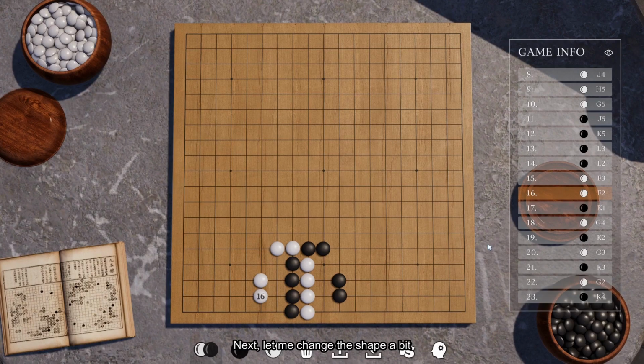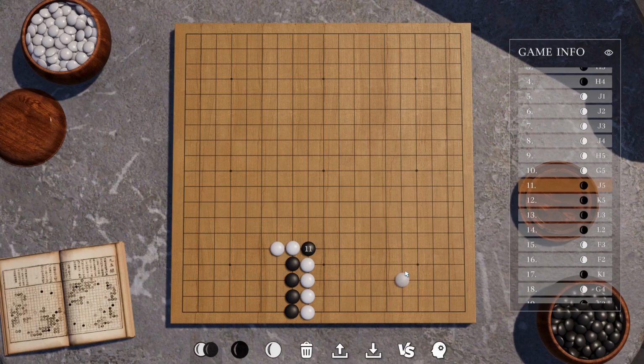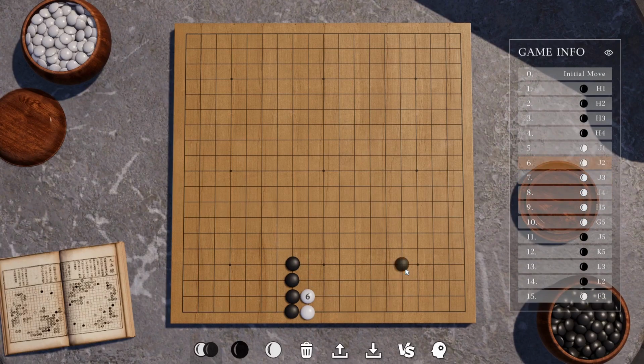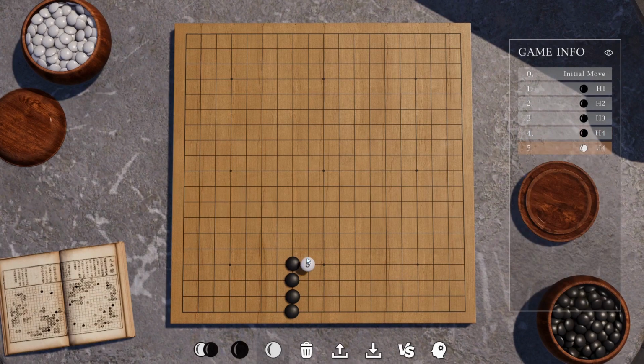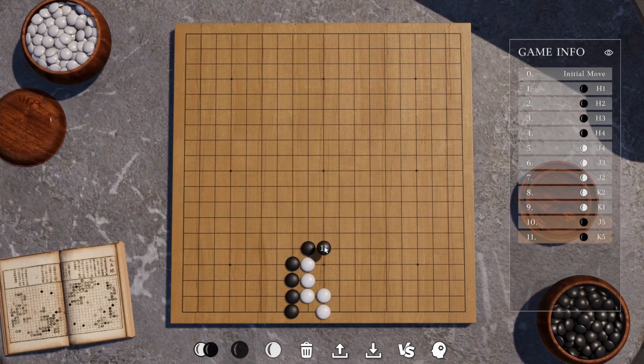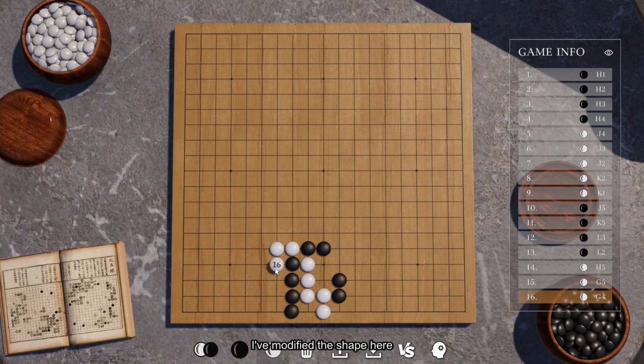Next, let me change the shape a bit. I've modified the shape here. Look at these 4 black stones. They still have 4 liberties.